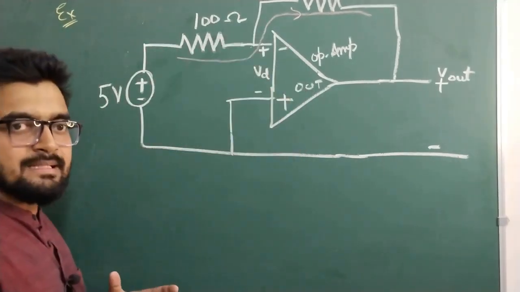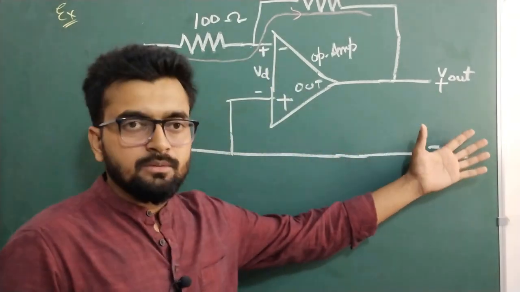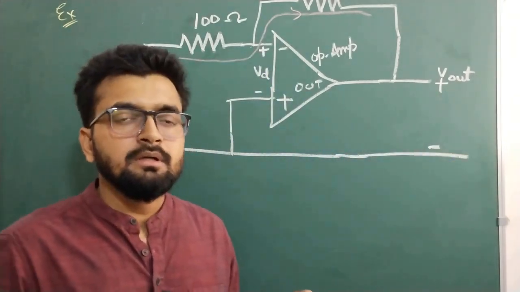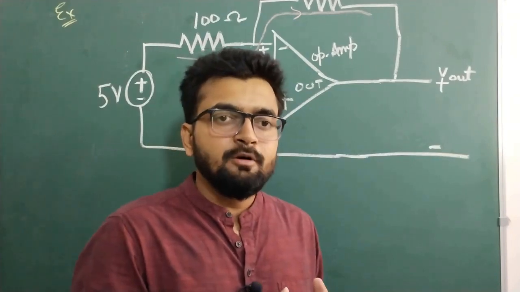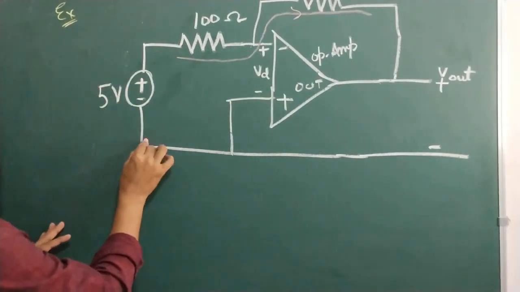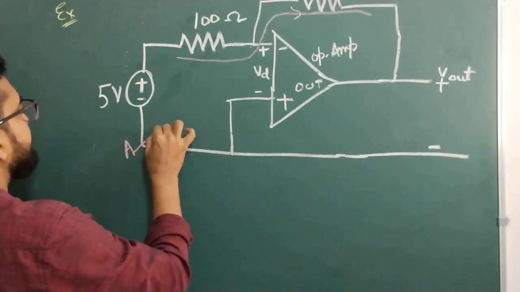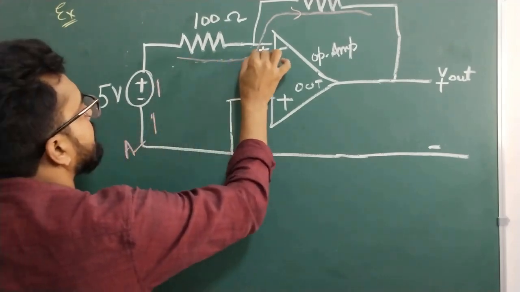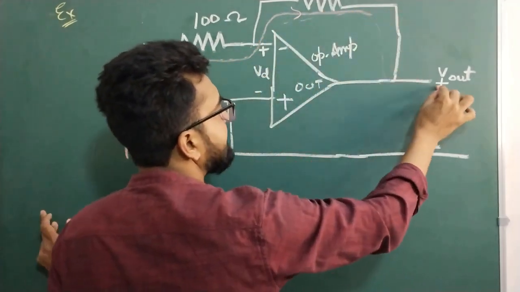Now the next question is to find the voltage Vout. So we have to look at where the loop is formed. If we start from this point, let's say A, and go this way, we can reach this point.